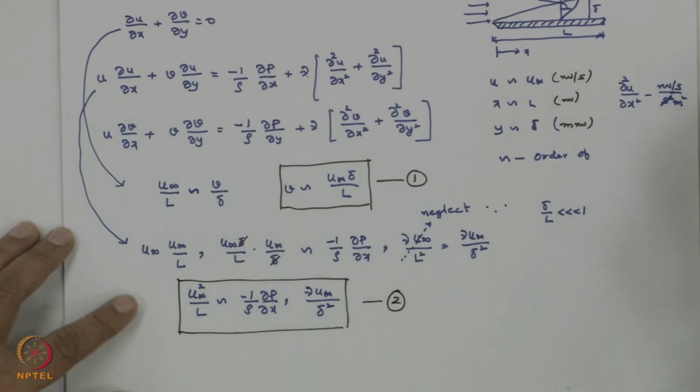Equation 2. Now, let me take up the y momentum equation. Let me rewrite that: u del v by del x plus v del v by del y equal to minus 1 by rho del p by del y plus nu times del squared v by del x squared plus del squared v by del y squared.